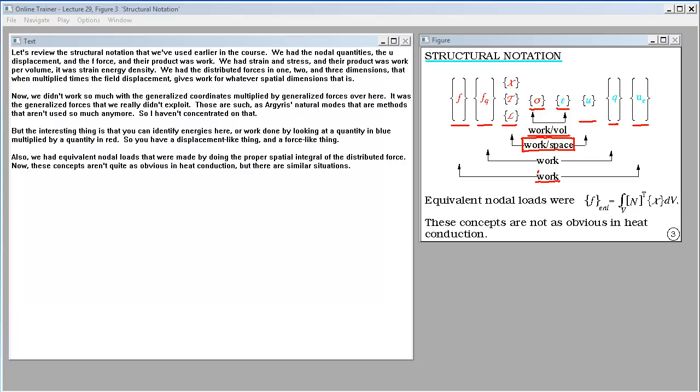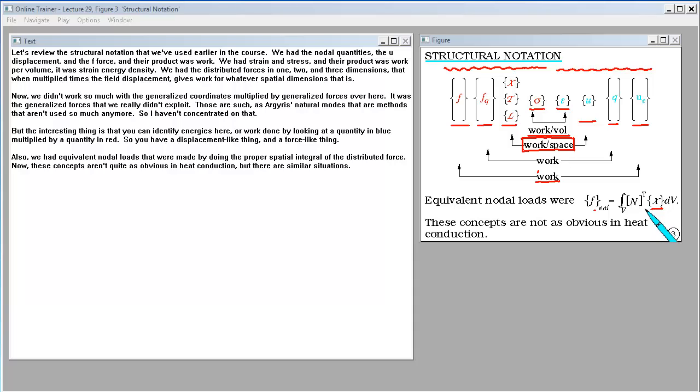But the interesting thing is that you can identify energies here, or work done, by looking at a quantity in blue multiplied by a quantity in red. So you have a displacement-like thing and a force-like thing. Also, we had equivalent nodal loads that were made by doing the proper spatial integral of the distributed force.